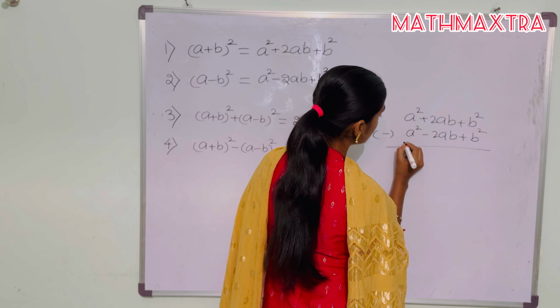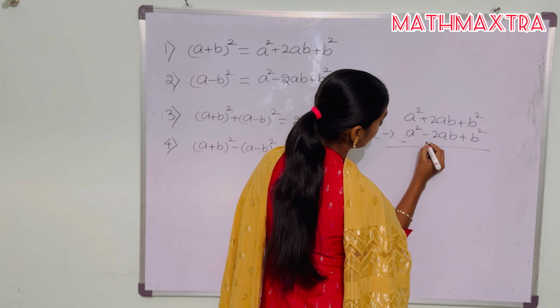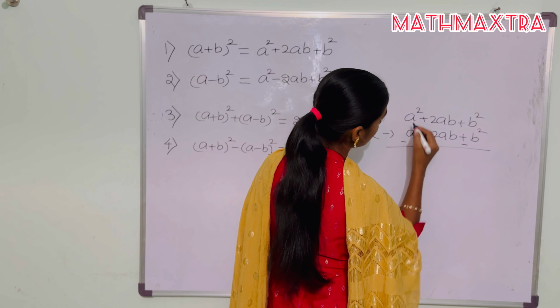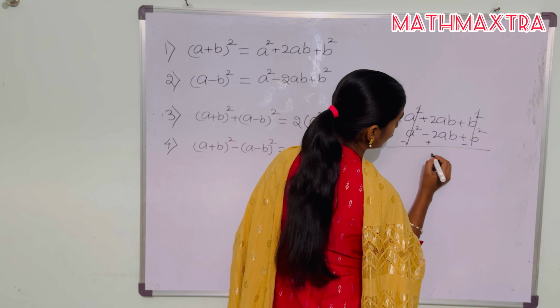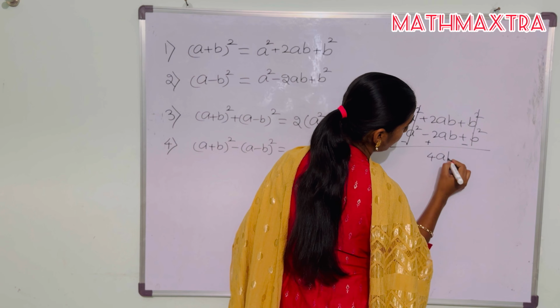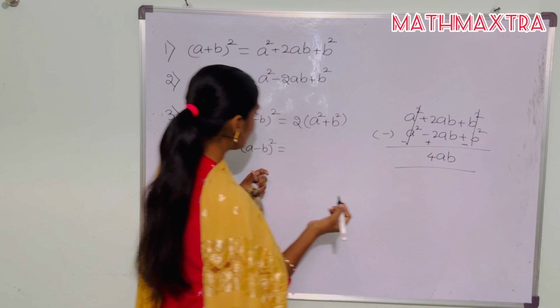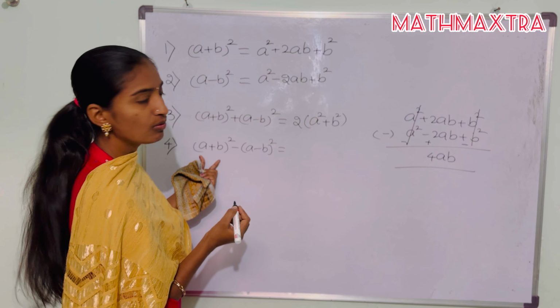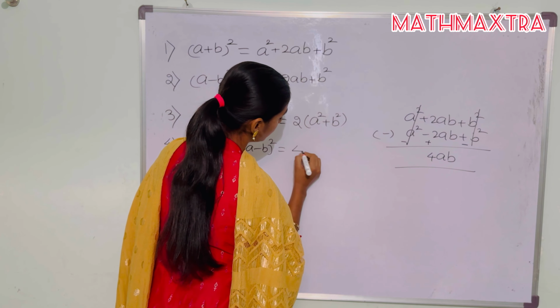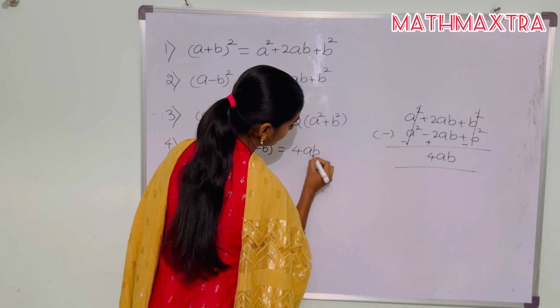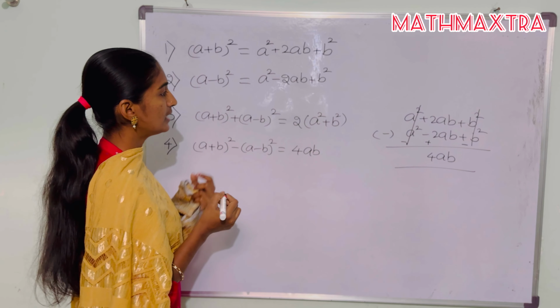What happens? Change the signs. Minus, plus, minus. These two get cancelled. These two get cancelled. So which is simply 4ab. Isn't it? So (a + b) whole square minus (a - b) whole square is equal to 4ab. Okay. So this is one identity.